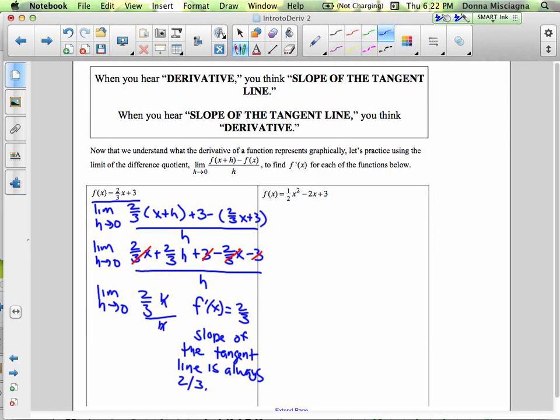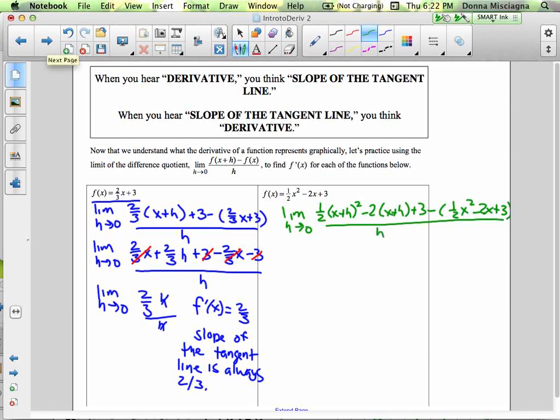Let's try the next one. Right, so we have the limit as h approaches 0 of 1/2 (x plus h) squared minus 2 times (x plus h) plus 3, I hope I can fit this in, minus (1/2 x squared minus 2x plus 3), all divided by h. So that's the limit as h approaches 0.